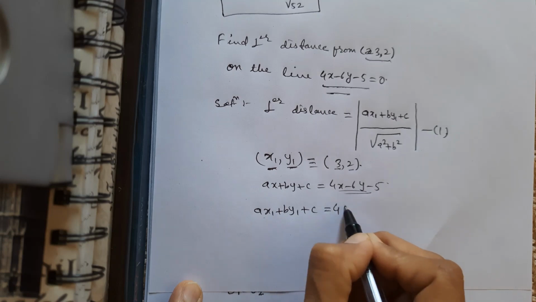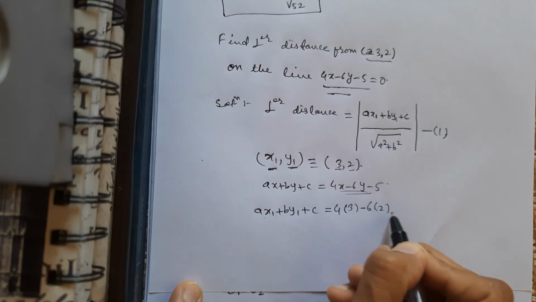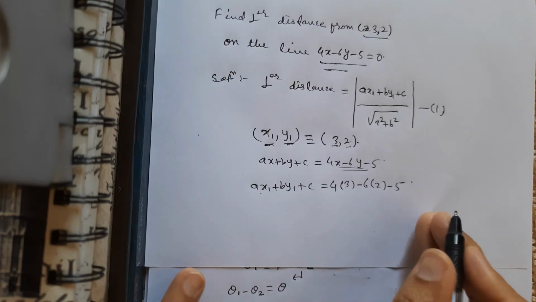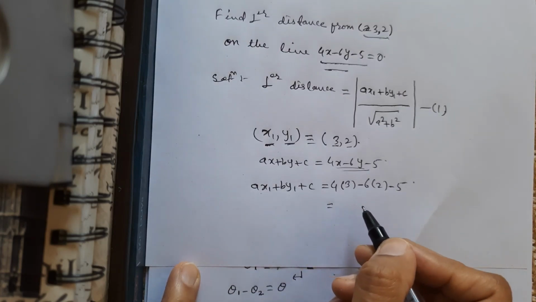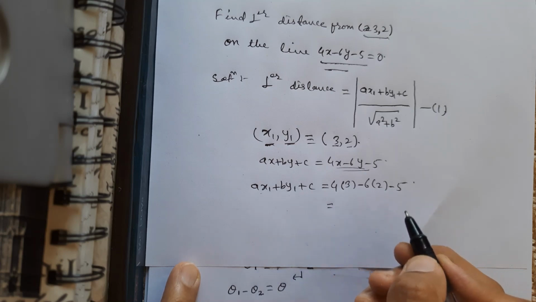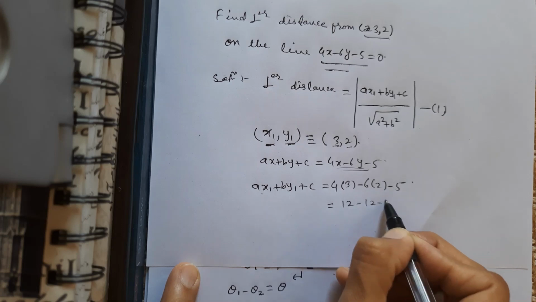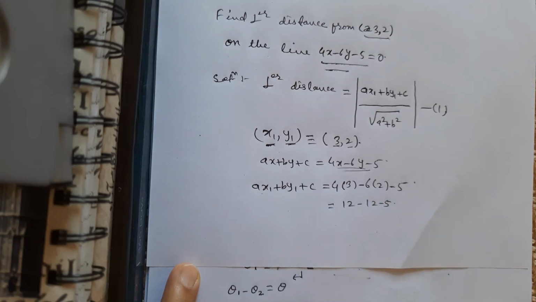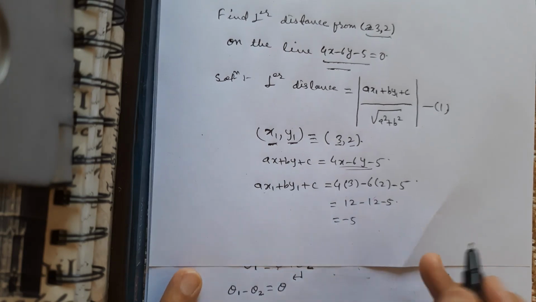So I'll get 4 into 3 minus 6 into 2 minus 5. Just calculate it. You will get 12 minus 12 minus 5, which is minus 5 because 12 gets cancelled.